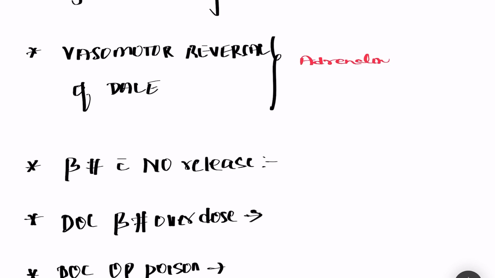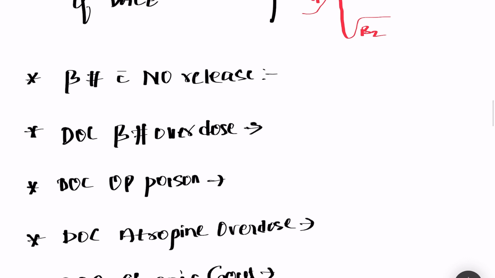When you give adrenaline, there will be an increase in blood pressure due to the alpha 1 and a decrease in blood pressure due to the beta 2 activity. So the beta blockers responsible for nitric oxide release will be your celiprolol as well as nebivolol.